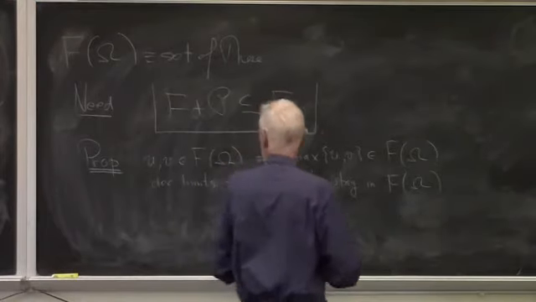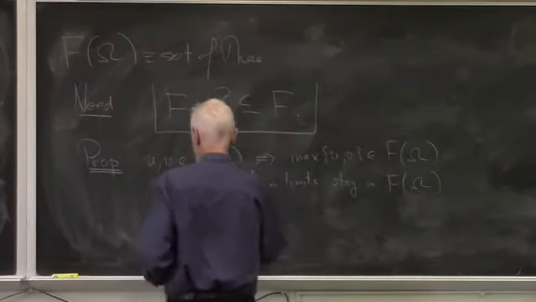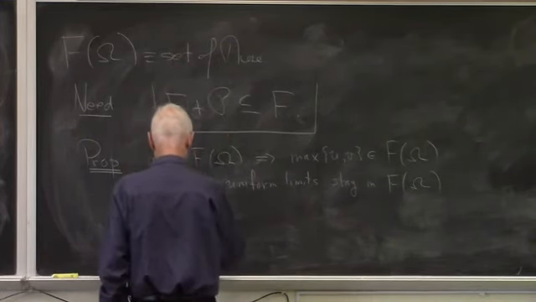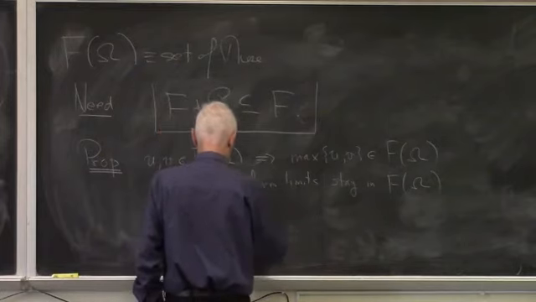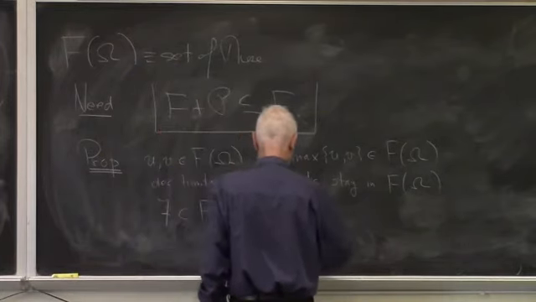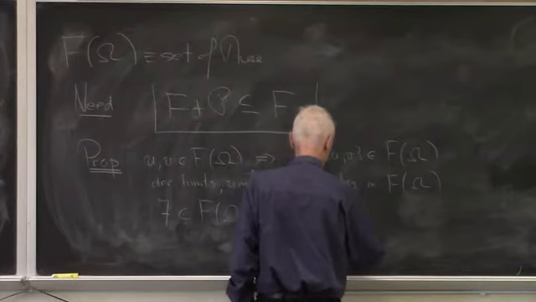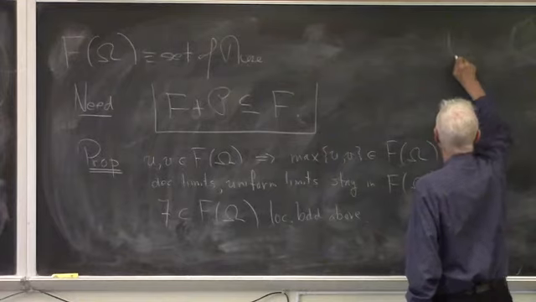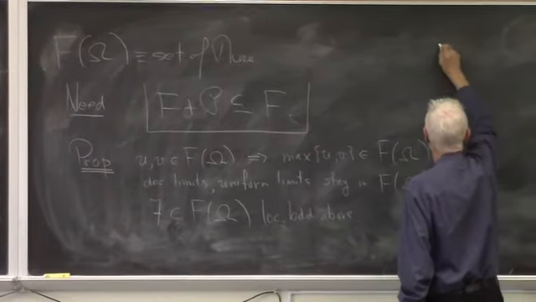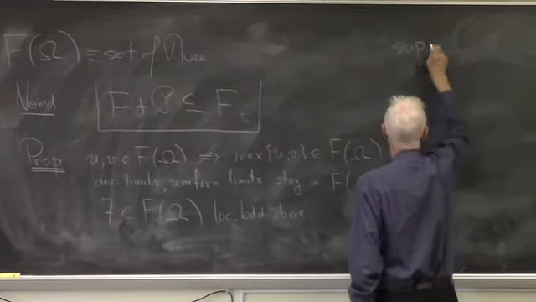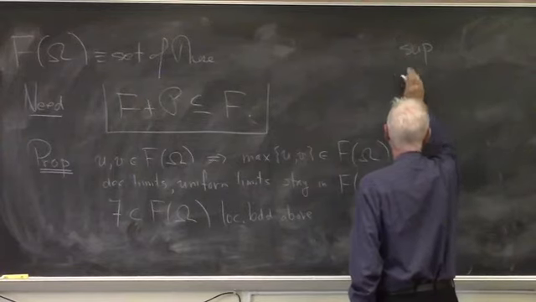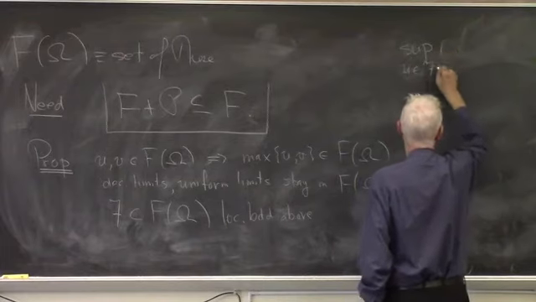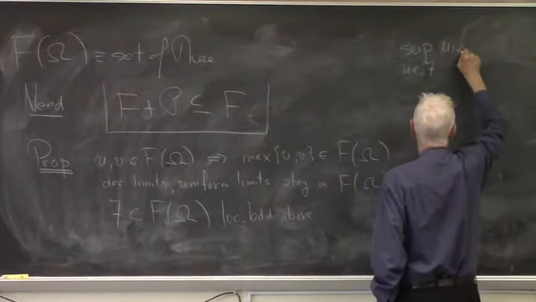And one of the key properties is this: if you take any family which is locally bounded above, and then you form this function, you take the sup over all u in the family of u of x.